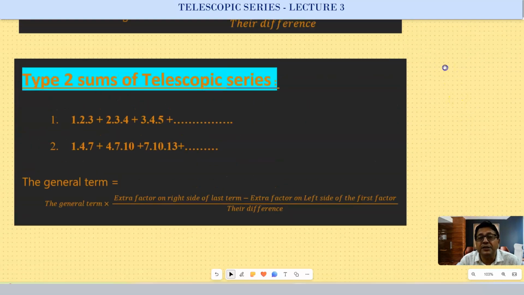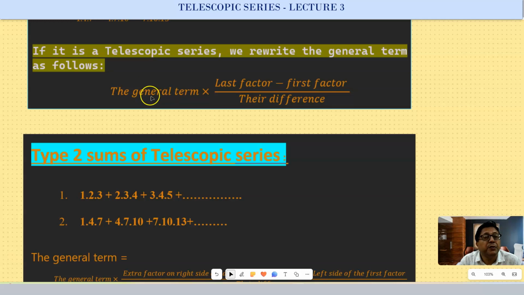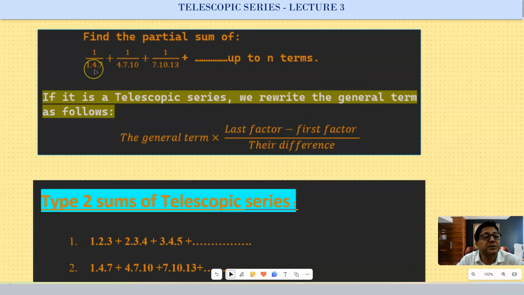The method we used for this, when the product of terms in arithmetic progression is given in the denominator, was to rewrite the general term in this form: last factor minus first factor, divided by their difference.